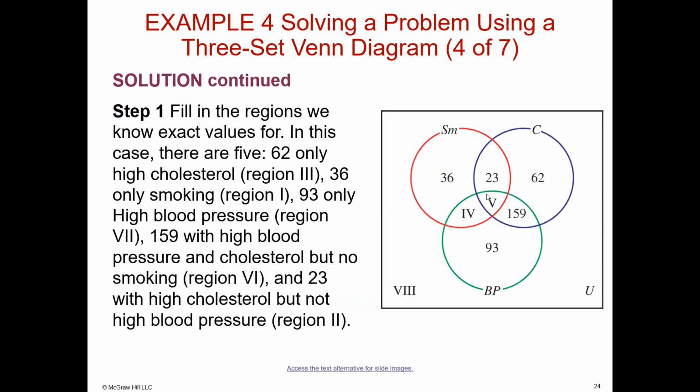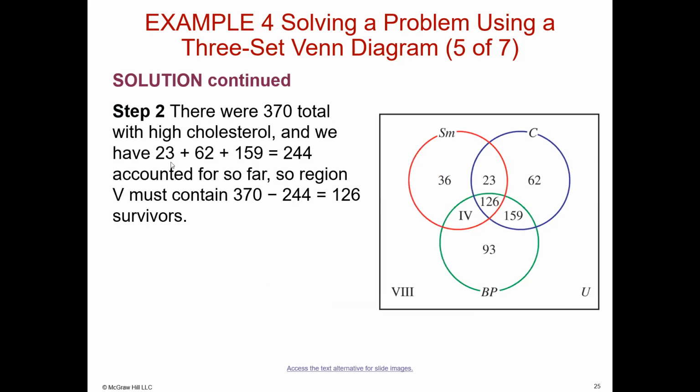So if you add up all the numbers in the cholesterol circle, subtract that from 370, you'll get the number of people that fall in region 5. Do we understand that? 370 subtract 23 plus 62 plus 159 will be 126 people that had all 3 risk factors. Do you understand how we got that?